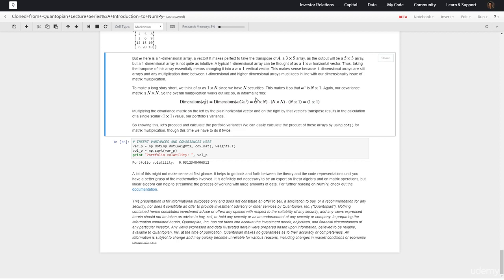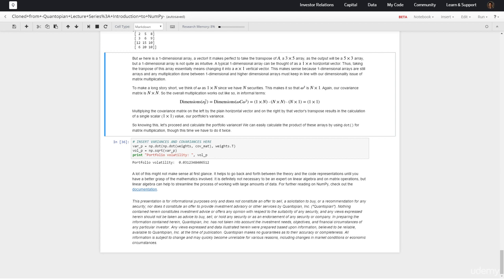Remember, this matches, so it becomes 1 times n multiplied by this, and these two are the same, so matches, so we end up taking 1 and 1. It becomes one number overall. Multiplying the covariance matrix on the left by the plain horizontal vector, and on the right by the vector's transpose, results in the calculation of a single scalar value, our portfolio's variance.